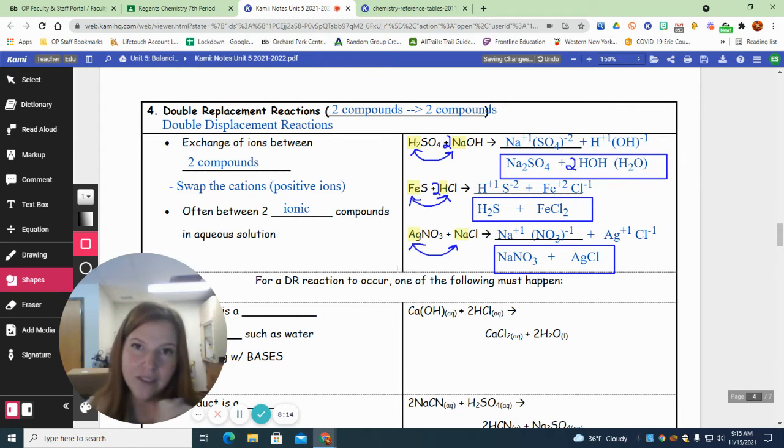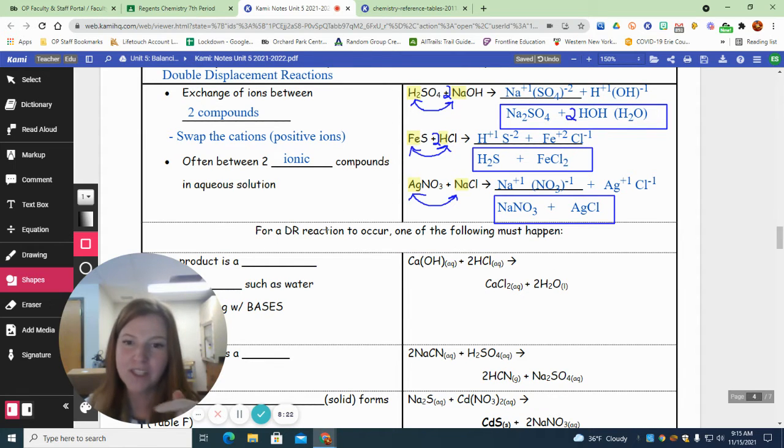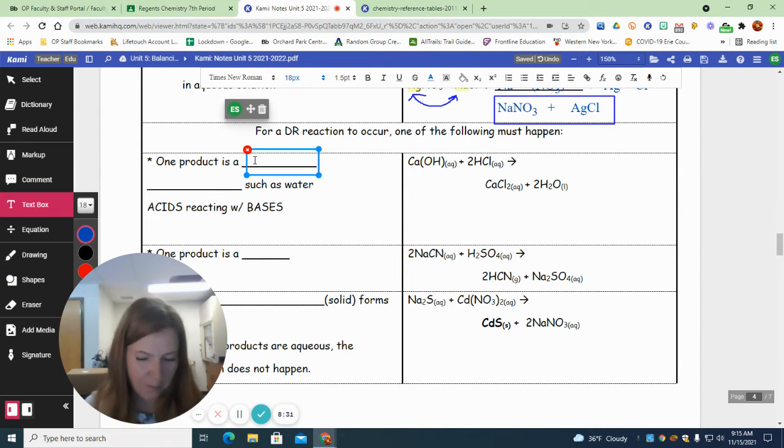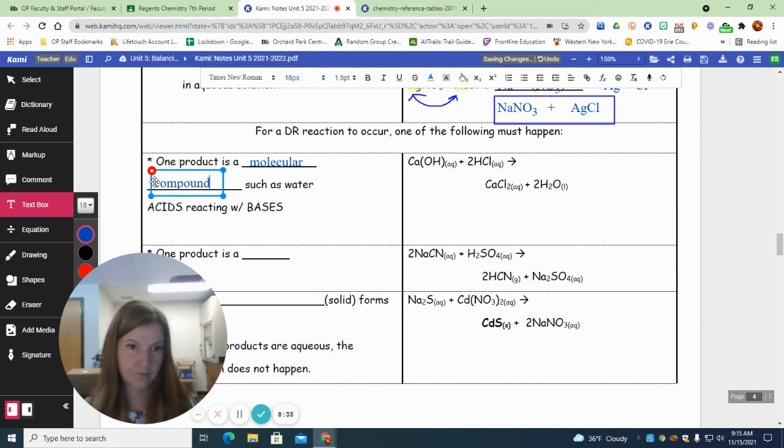Now here's the thing though, guys. Just because you mix two things together doesn't mean there is always going to be a reaction. So in order for a double replacement reaction to occur, one of the following things has to happen. One of your products needs to be a molecular compound. Molecular meaning made of all nonmetals, right?